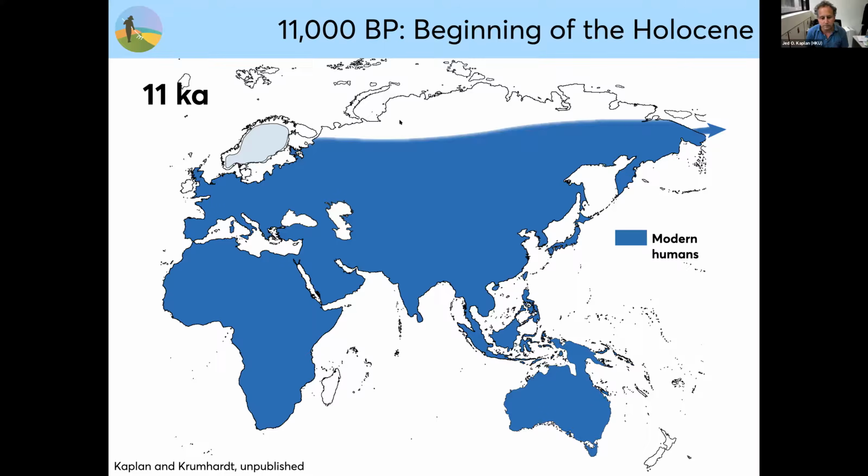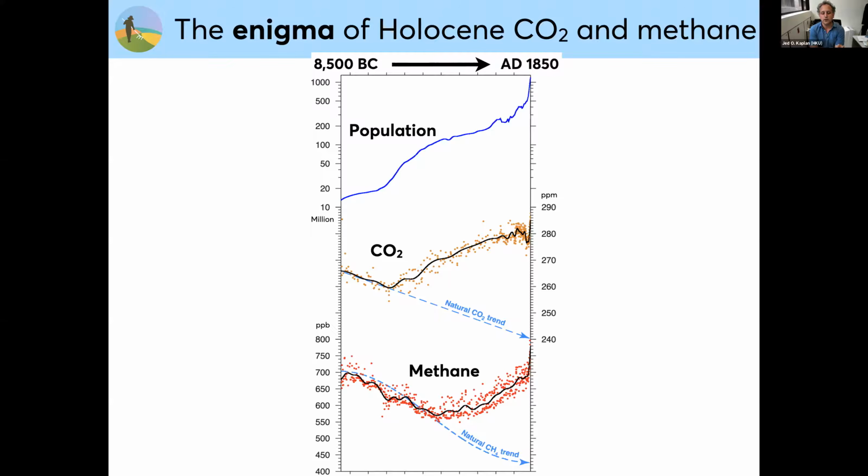There's still a few small islands where we don't see human populations, but this is really the period where we can start to think about humans having a large-scale influence on the global environment, in particular on the biogeochemical feedbacks, on changes in the chemical composition of the atmosphere.